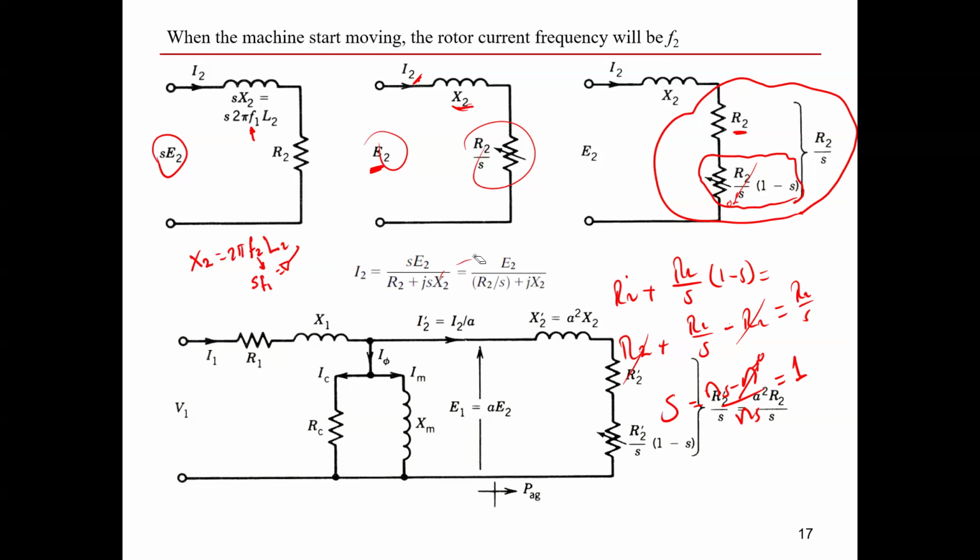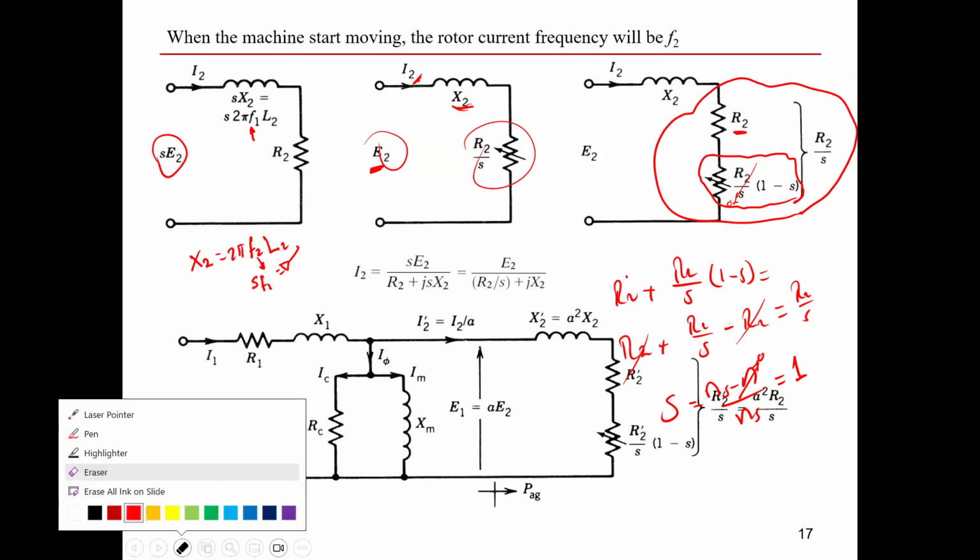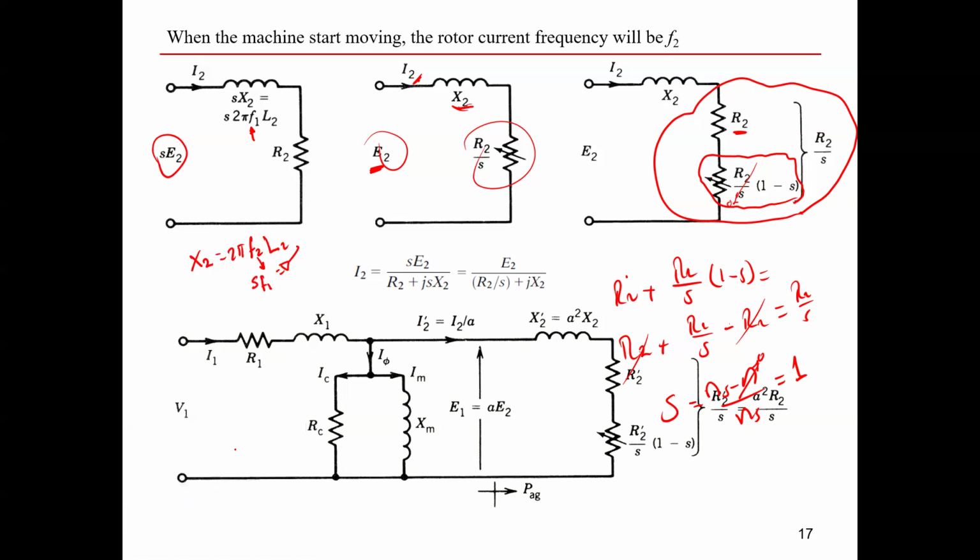If we collect the two circuits now, the stator circuit and the rotor circuit together, we will end up with that equivalent circuit. Okay. Next session, guys, we will start from this point and continue discussing the equivalent circuit of our machine. Thank you so much.